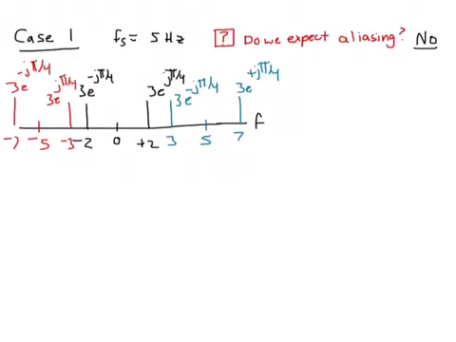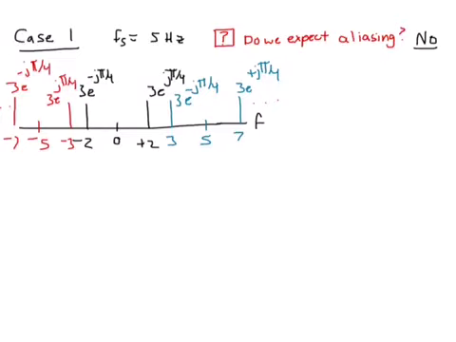These copies actually keep going on. If we drew a longer axis, we would draw more of those copies out to infinity in both directions. So we've completely drawn our spectrum of the sampled signal.